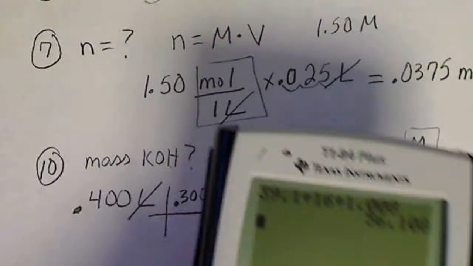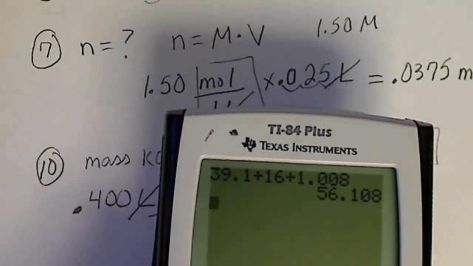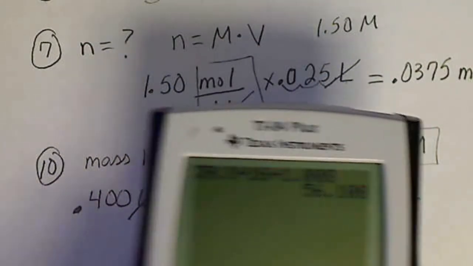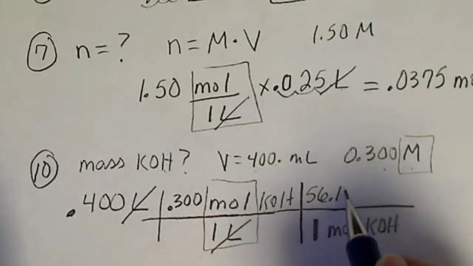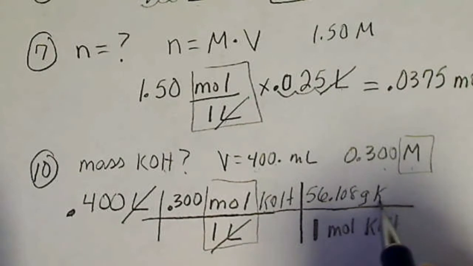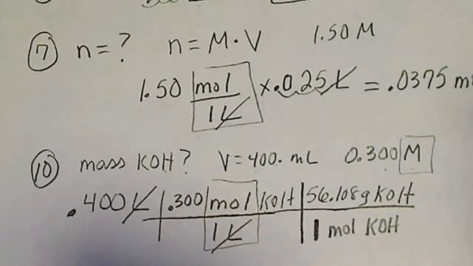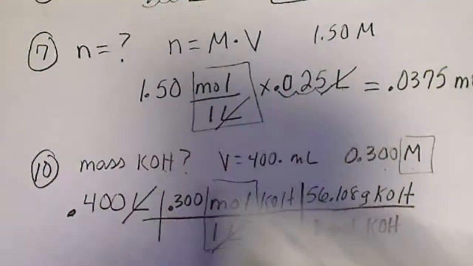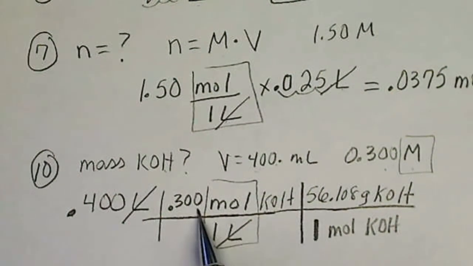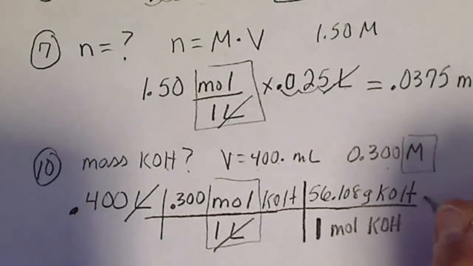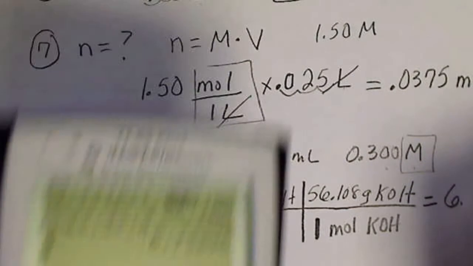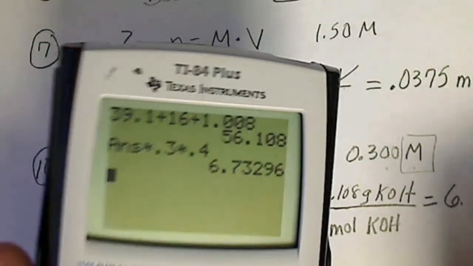So if I add those values together, then I'm going to get 56.108. So that's the mass in grams of 1 mole of KOH. And this number is already in the calculator, so I'm going to multiply by 0.3 and then multiply by 0.4. And I get 6.73, that's what we'll call that.